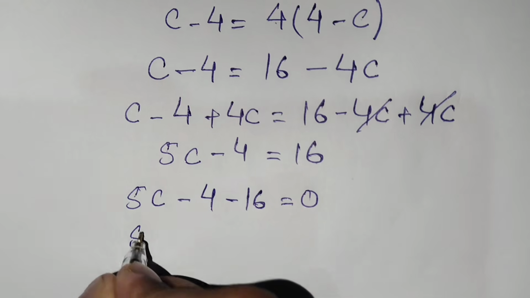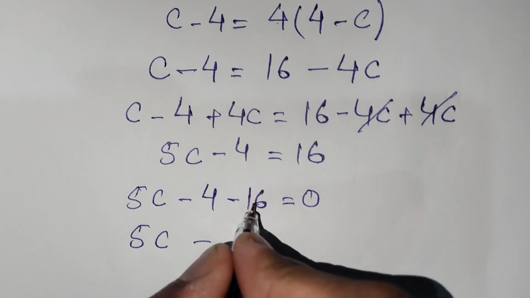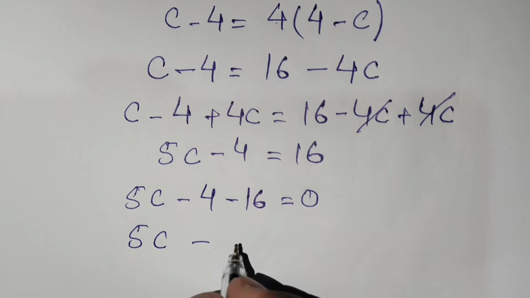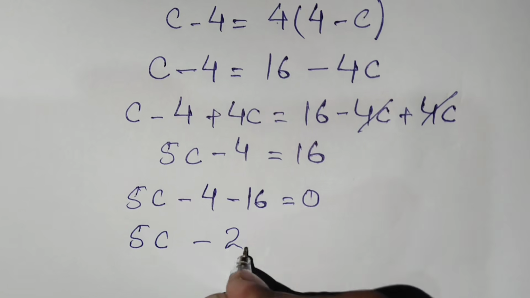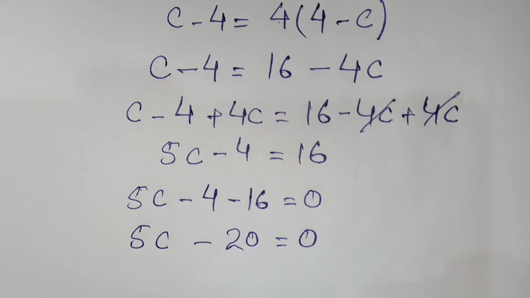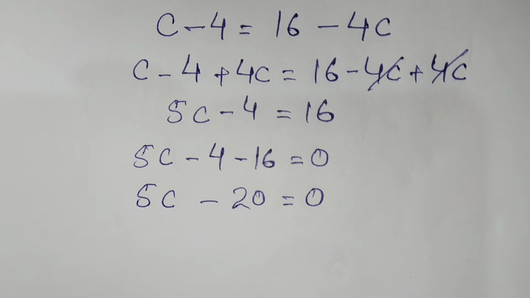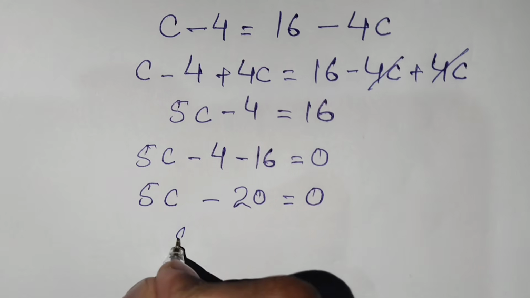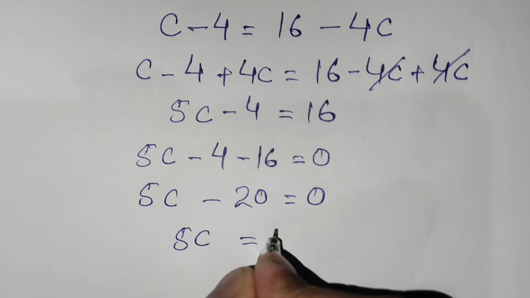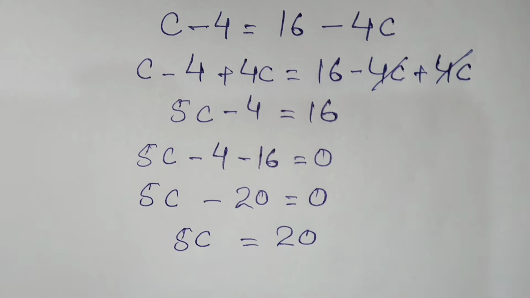Now it will be 5c minus 20 is equal to 0. Now add 20 on both sides, we get 5c is equal to 20.